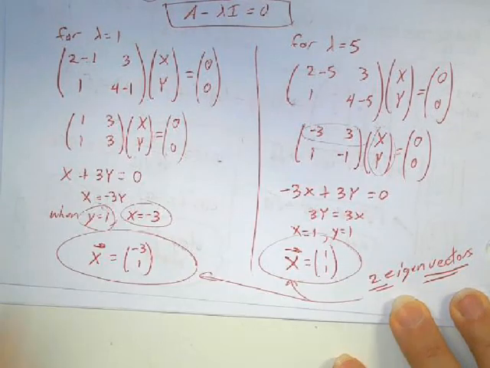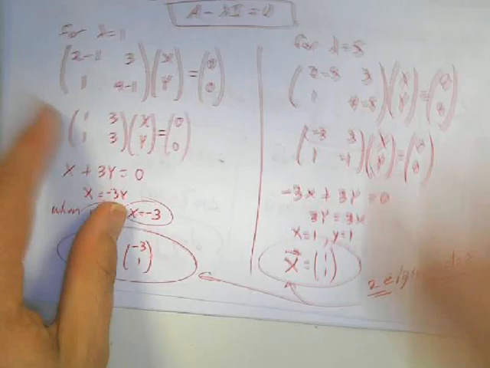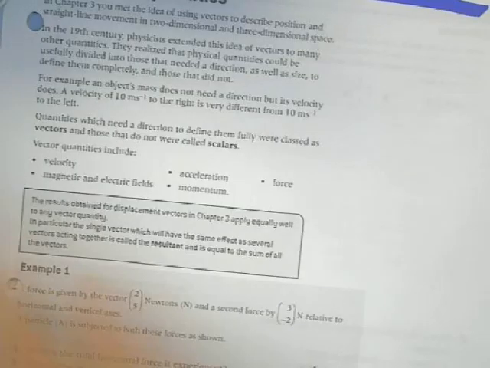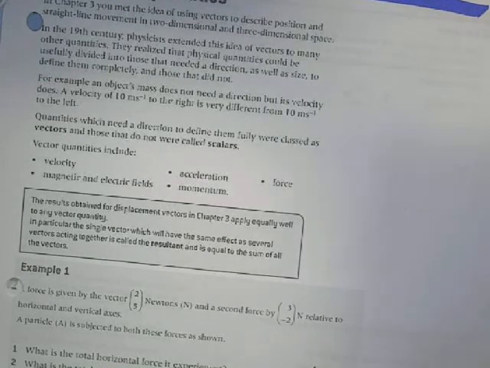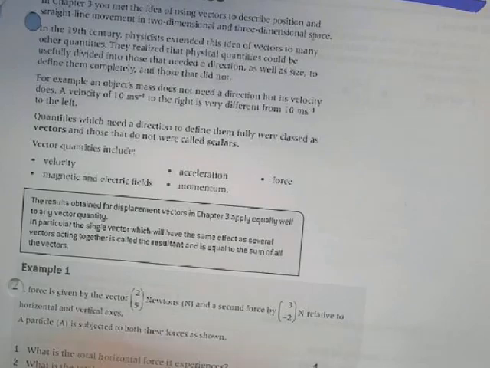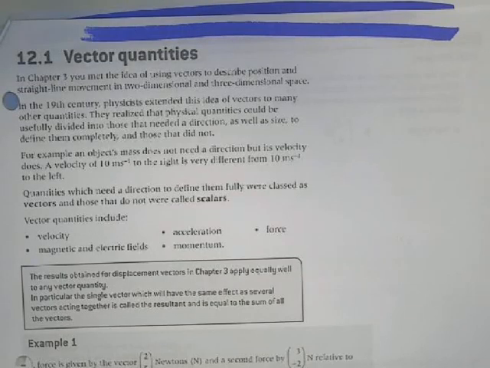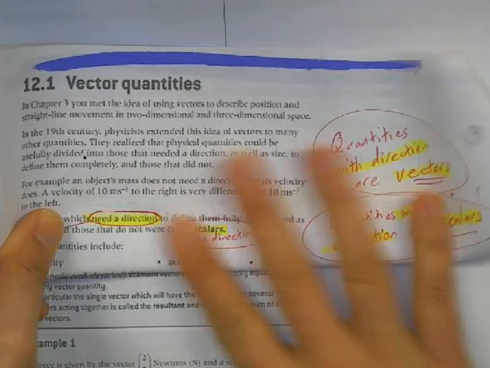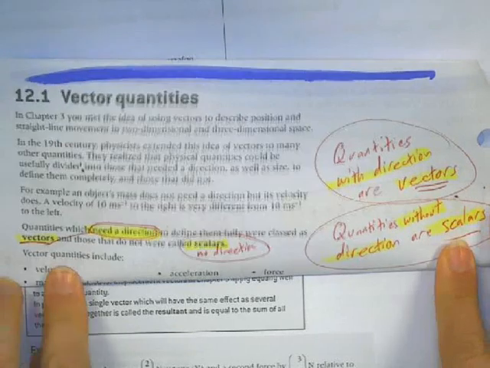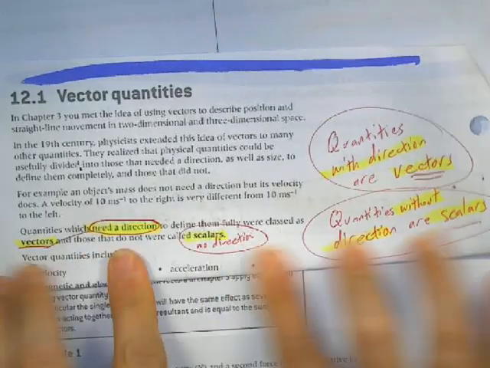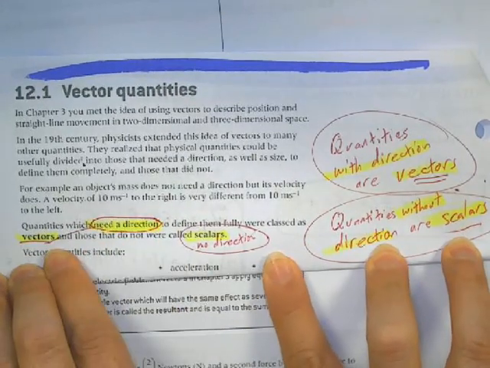We'll be using eigenvectors and all this stuff in this chapter. The critical thing to note here is these two things. I'm not going to write it down to save time. Quantities which need direction are called vectors.